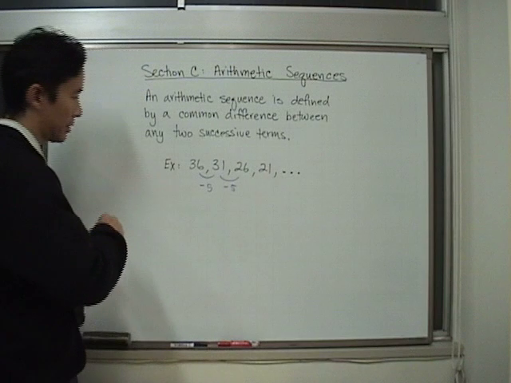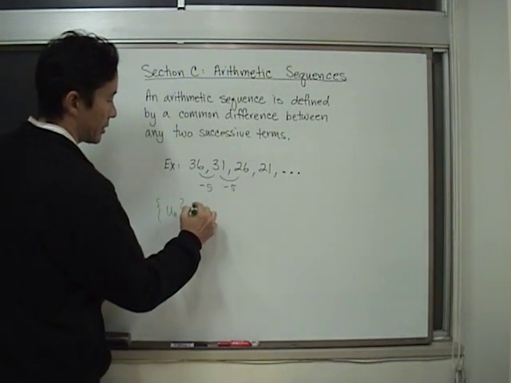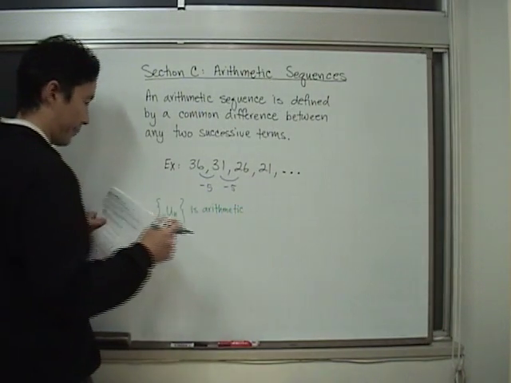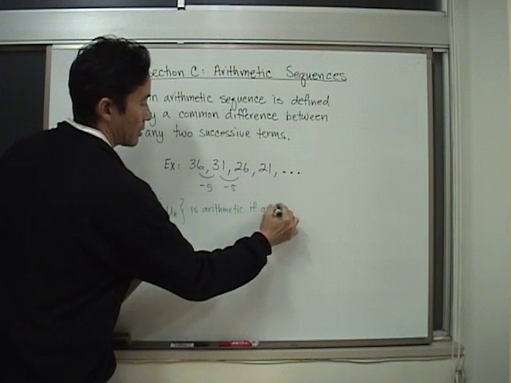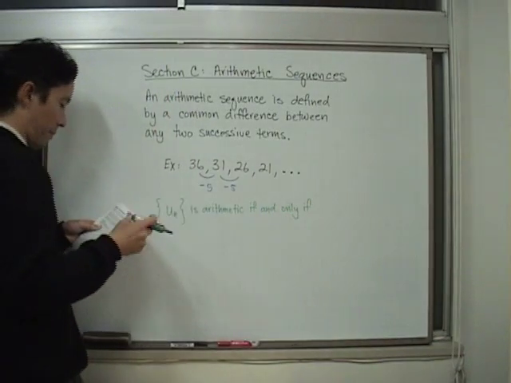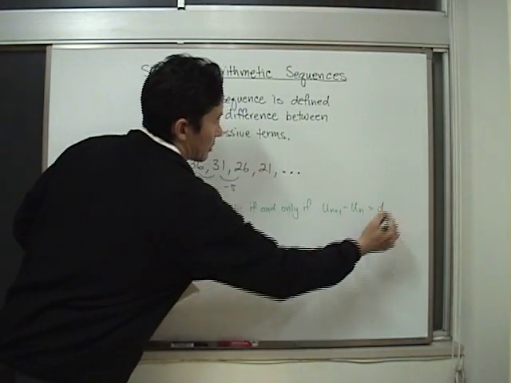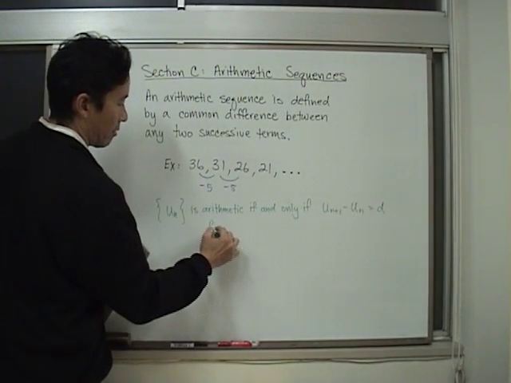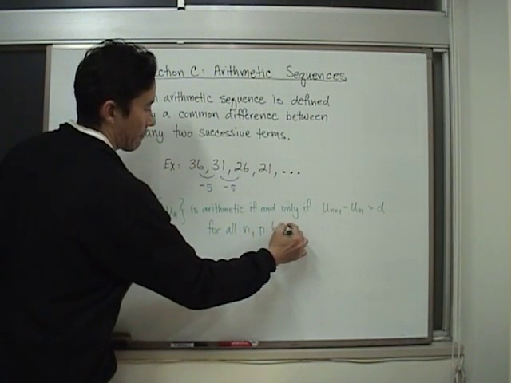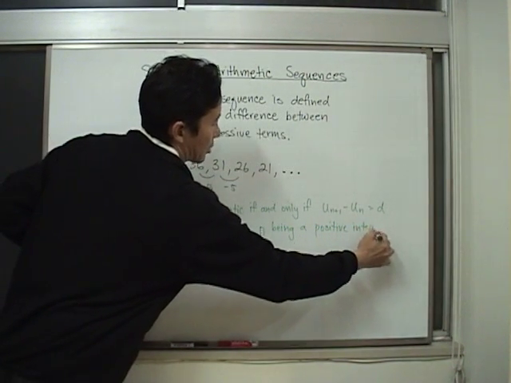So notice we said that if we have any sequence, this sequence is arithmetic if and only if u sub n plus 1 minus u sub n is going to be equal to d for all n being a positive integer.